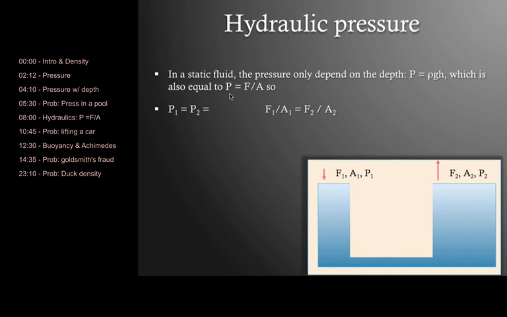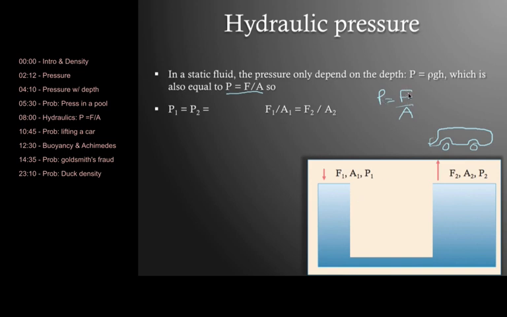We can also use this relationship of pressure in a fluid, F over A, to help us do work. If we want to pick up something very heavy, like maybe a car, then you've heard of hydraulic lifts, and this is the principle at play here.